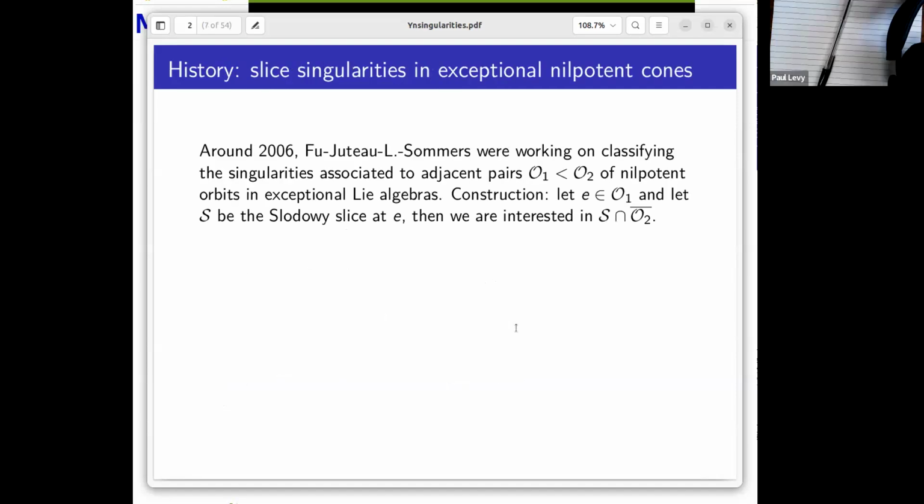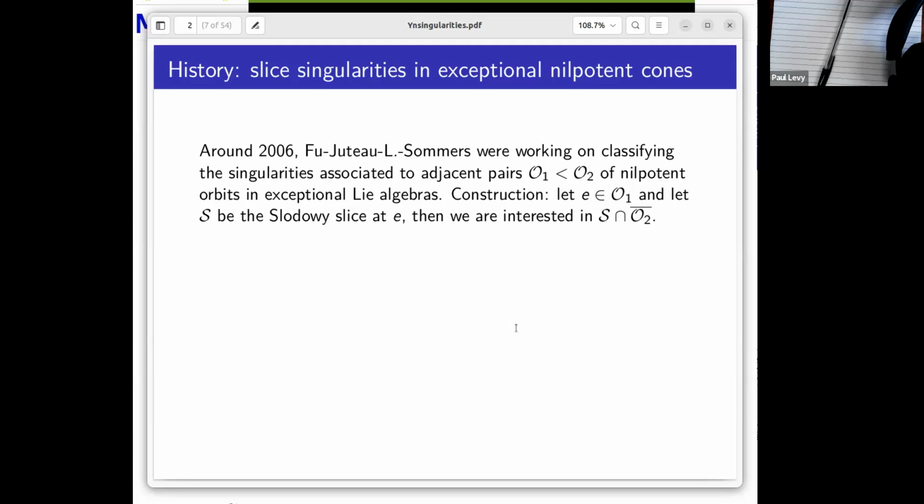So those are some examples. Now, around 2005, 2006, I was working with the FJLS team that I think some of you are familiar with, Fu, Juteau, Levy, and Sommers, and we were classifying singularities in exceptional Lie algebras associated to adjacent pairs. So the famous Kraft-Procesi work looked at the classical Lie algebras, and we were doing the exceptional types.